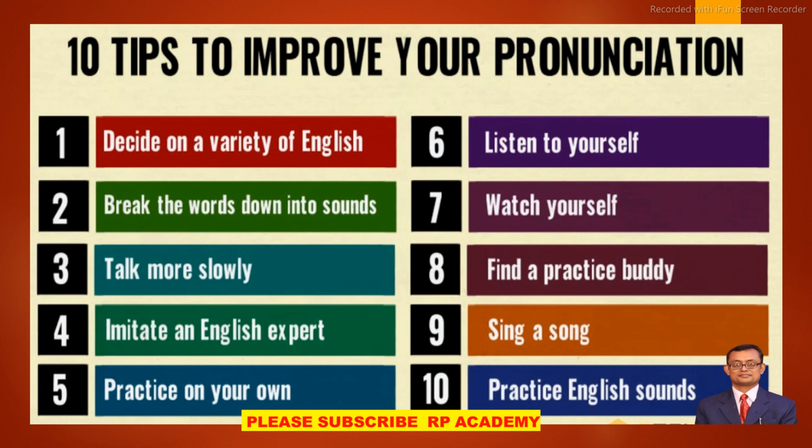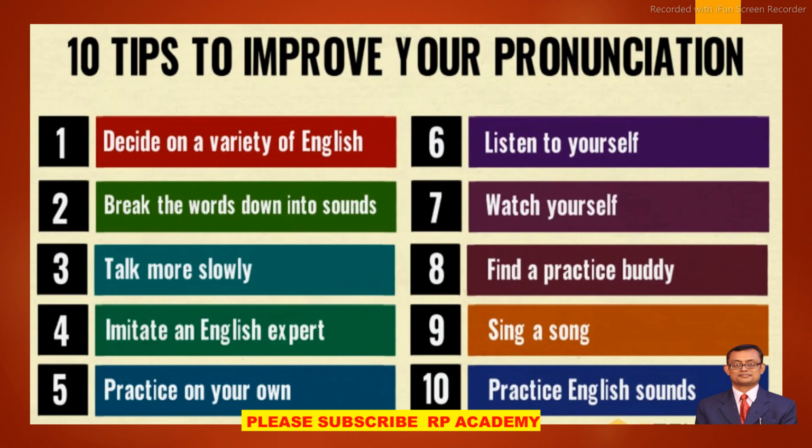First, decide on a variety of English. You have to follow a certain variety, not all the varieties. There are American accents, British accents, Japanese accents, but as we are Indian, we are Bengali, so we will have to follow certain accents.